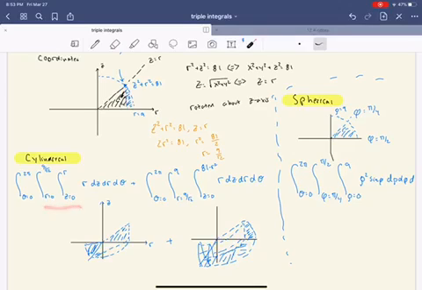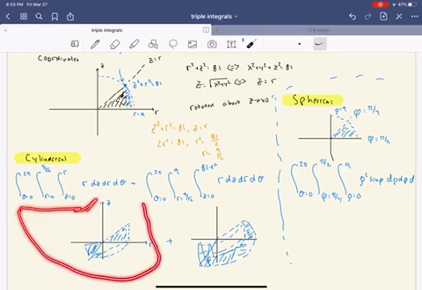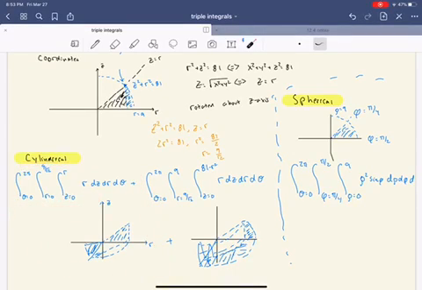So this integral corresponds to the region, this little piece, from 9 over square root of 2 to 9 in r. Theta goes from 0 to 2 pi. That says it's going all the way around. That's my attempt to do that.